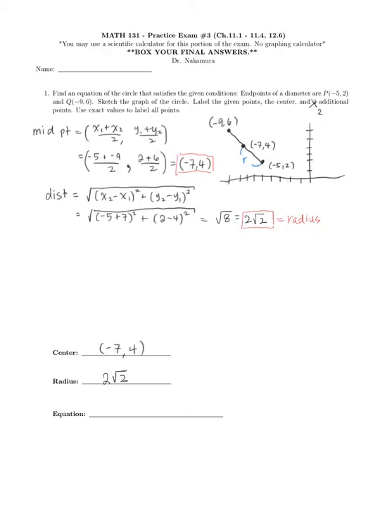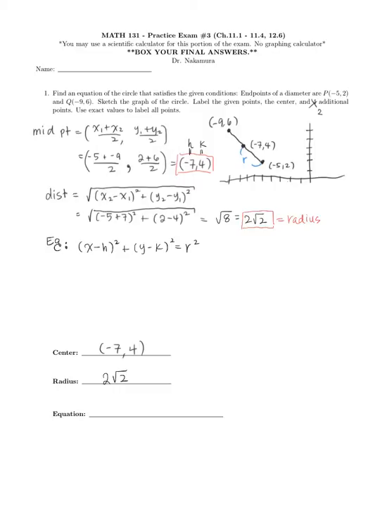Okay, now let's talk about the equation. Equation of the circle in standard form is given by x minus h squared plus y minus k squared equals r squared. You're going to have to memorize the midpoint, distance, and the equation of the circle formulas. Okay, now let's plug it in. Since the midpoint was the center, it's given by h, k, so our negative 7 is going to be the h, k is 4.